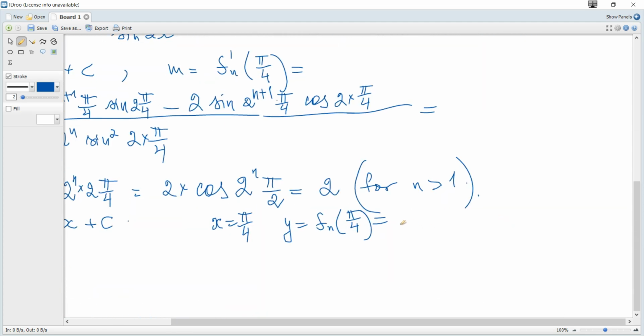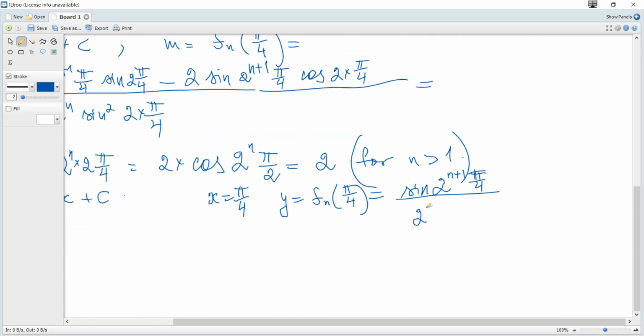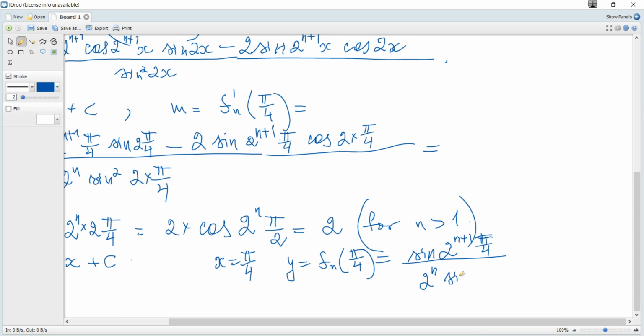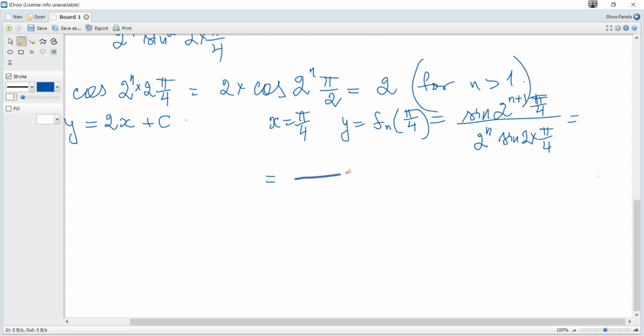which is equal to sine of 2 to the power of n plus 1 pi over 4, divided by 2 to the power of n, sine squared of 2x, so sine of 2 multiplied by pi over 4, and it becomes sine of pi over 2, which is 1. The numerator becomes sine of 2 to the power of n multiplied by 2 and by pi over 4, which is pi over 2.